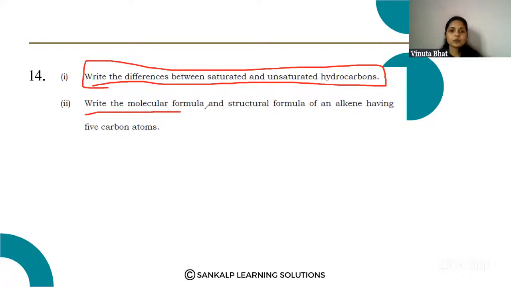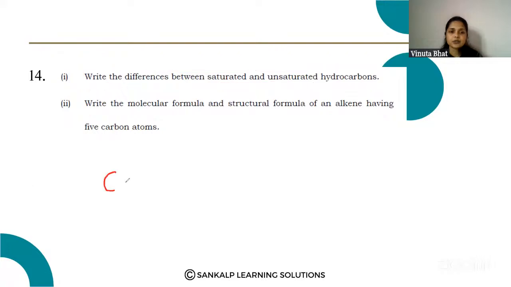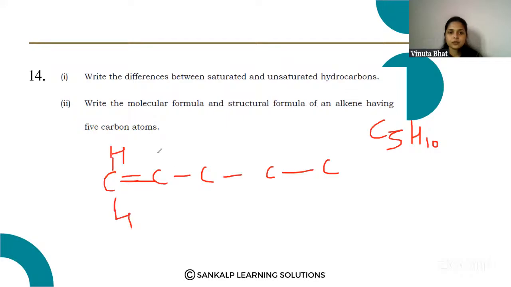Now the alkene should have 5 carbon atoms: 1, 2, 3, 4, 5, and a double bond should be there. So alkene C5H10.